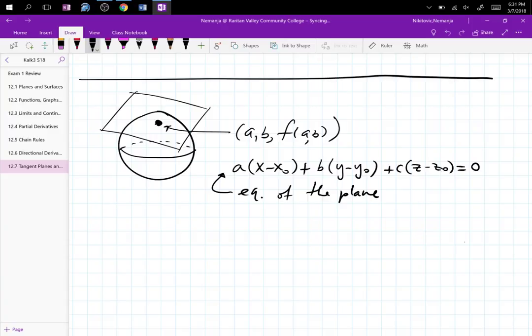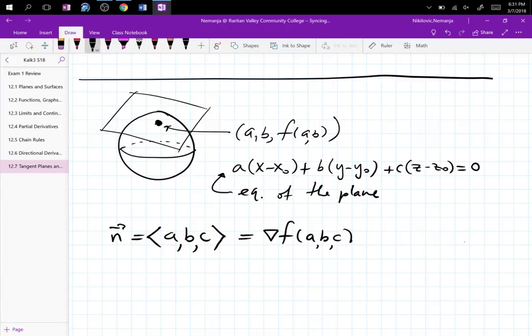So now I'm going to define that vector, which we used to call vector n, that was a, b, c. Now that vector is going to be our del f at (a, b). So we are going to take the del f, and oh, we have a, b, c and a, b. I don't like this. Hold on.